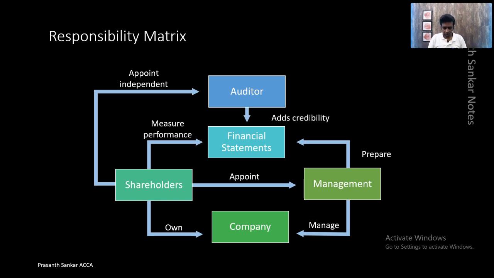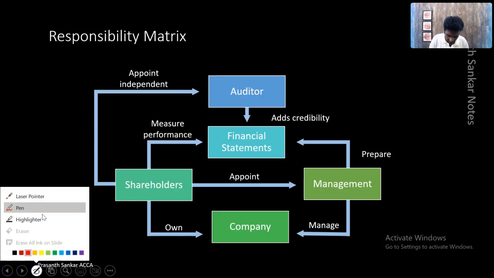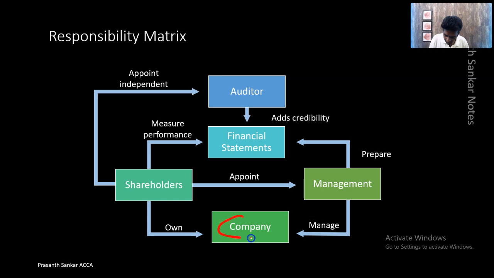Now, as you know, everything starts with the company. Everything that revolves around this audit starts with the company. Now, the company does not flourish on its own, right? There are the shareholders, who invest in the company, own the business, and put it together as a business model.